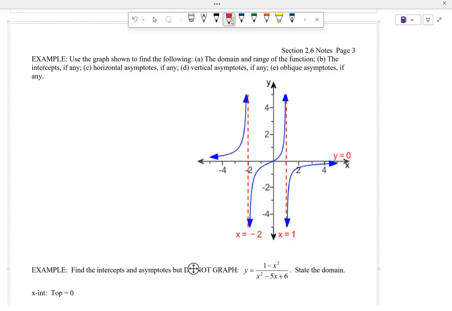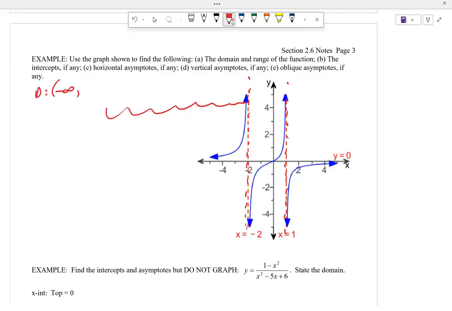Well, hopefully you notice these red vertical asymptotes. This is where I have breaks in my domain. So my domain is coming from negative infinity until that first break, that first vertical asymptote, and it's not defined there. It stops at -2. I never touch an x value of -2.